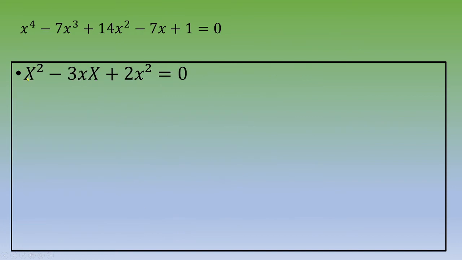So this is a quadratic equation and the variable is capital X. You can easily factorize. You end up with capital X minus 2x times capital X minus x equals to 0. So we are going to see these two cases.